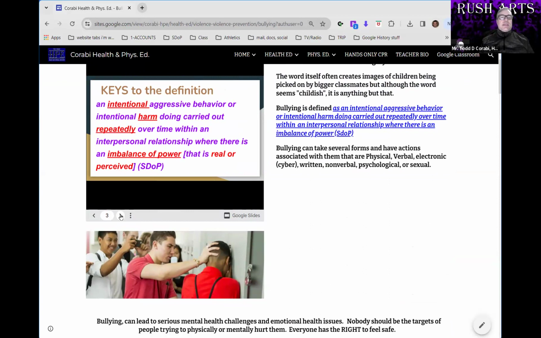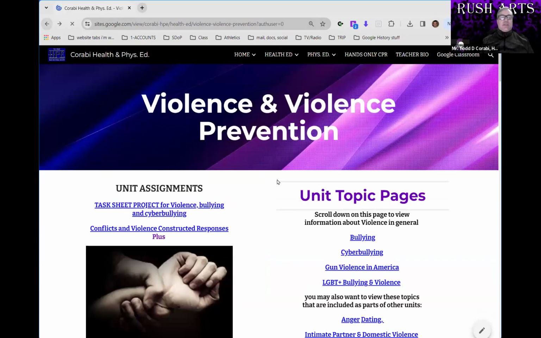So the keys to the definition of bullying are that it's intentional harm, repeated, because of an imbalance of power, real or perceived. That's the difference between bullying and random violence.